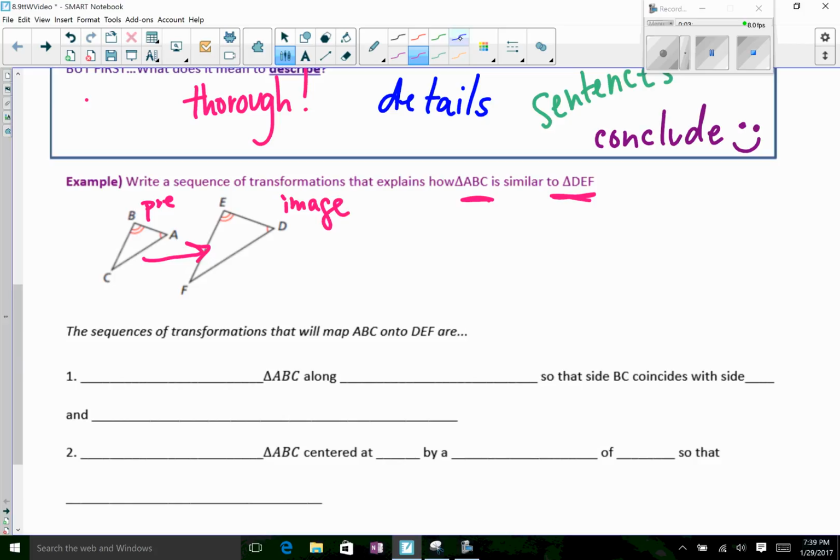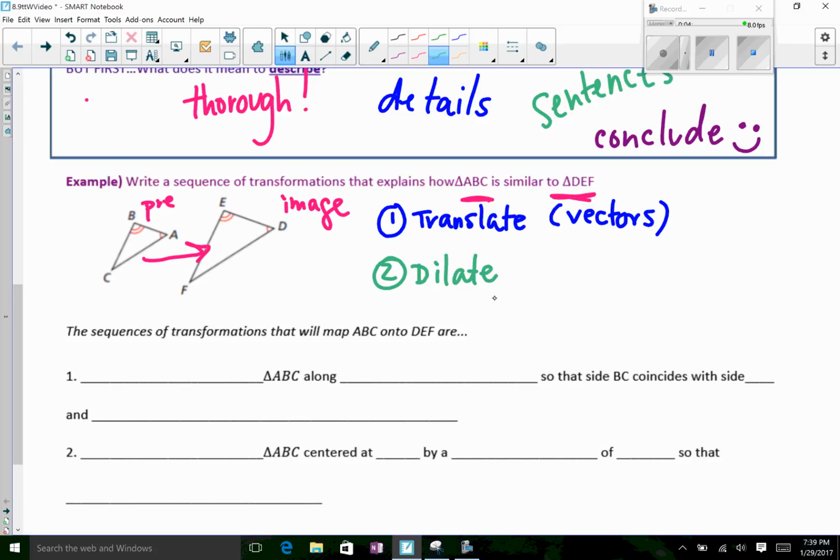So my game plan here is first what it looks like I'm going to have to do is translate. So remember, whenever you're talking about translations, you want to include vectors in your description. And then after I translate, I'm going to just have to dilate. And we'll talk about the details that you need for a dilation when we get to it in this proof.